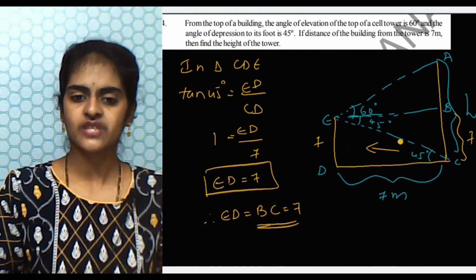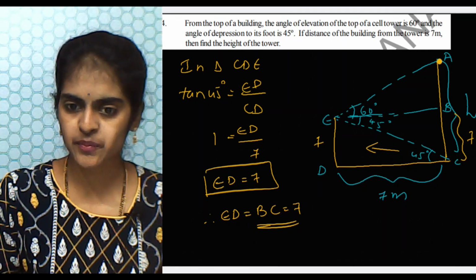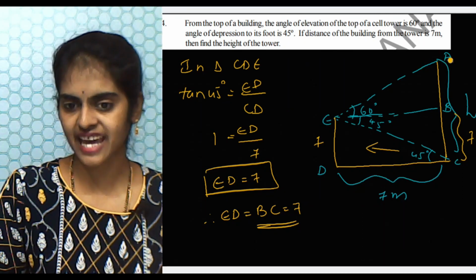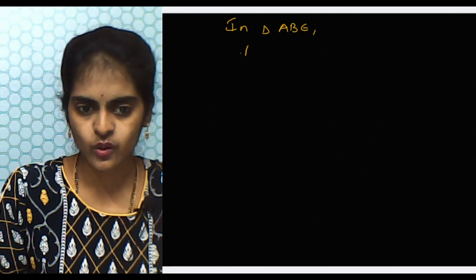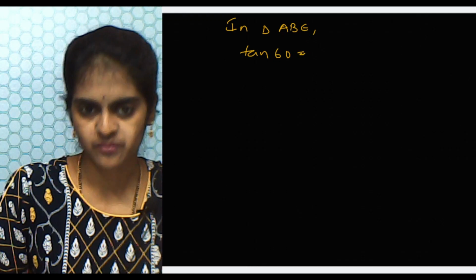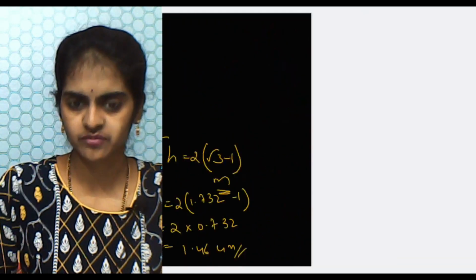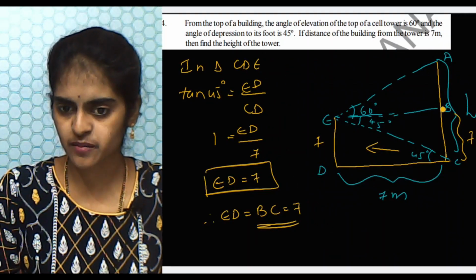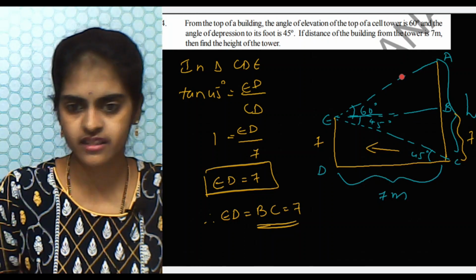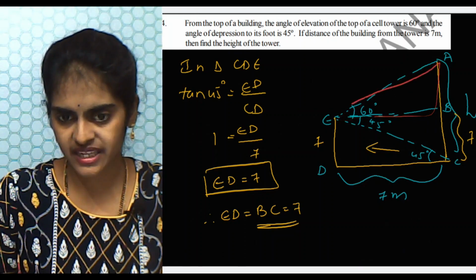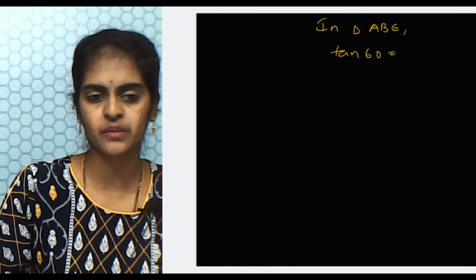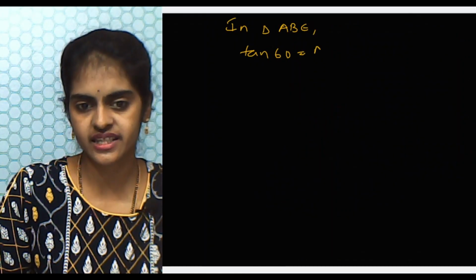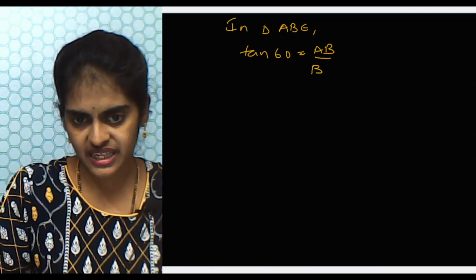Now if you take this triangle ABE, let me write it here. In triangle ABE, we are going to take tan 60. Tan 60 is the opposite side in this small triangle, AB, and this is the adjacent, BE. So it is AB by BE.